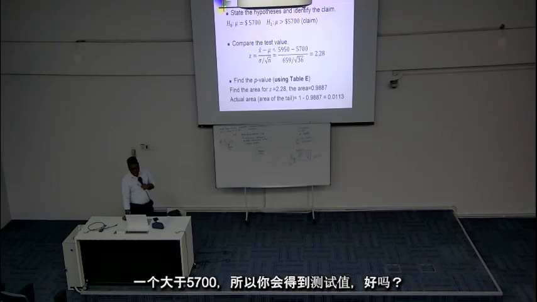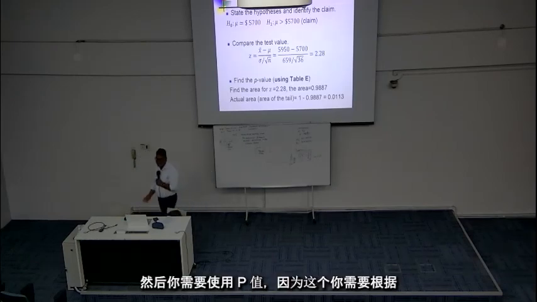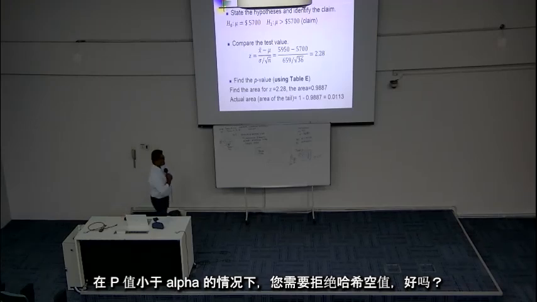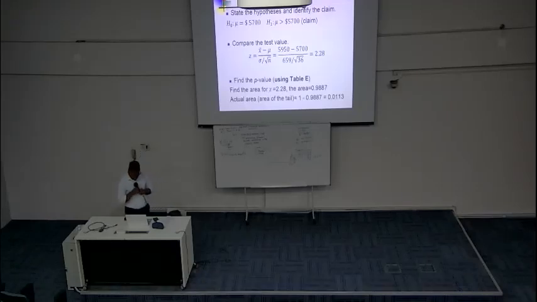So you will get the test value, which is equal to 2.28. And then you need to use the p-value, because this one you need to decide based on the p-value. Whereby if the p-value is less than alpha, you need to reject the null. If the p-value is more than alpha, you fail to reject the null.